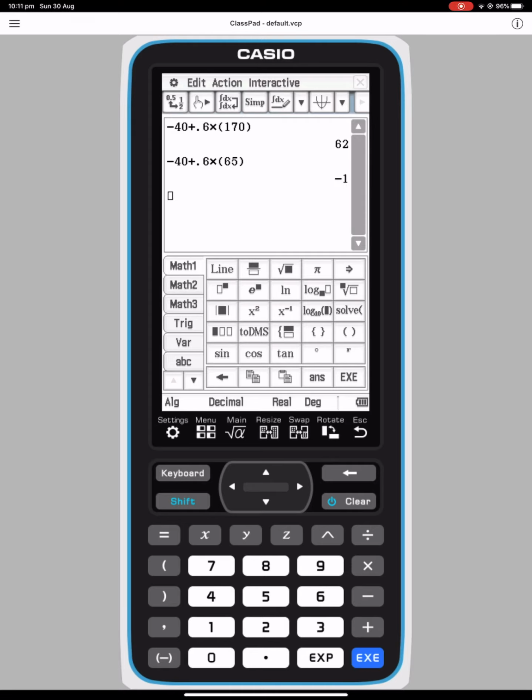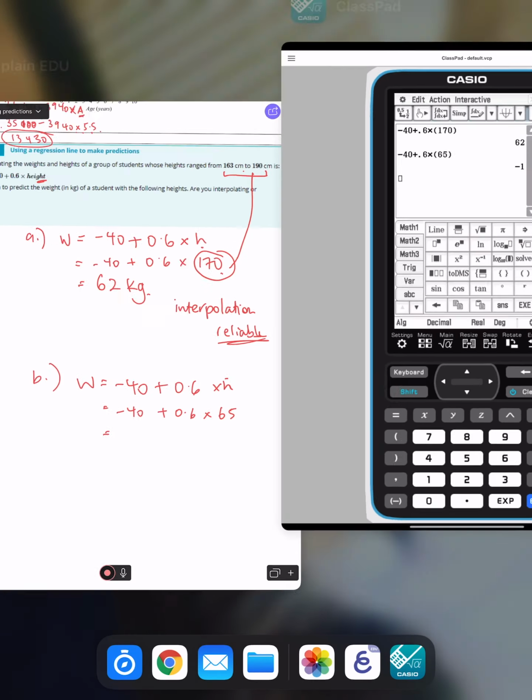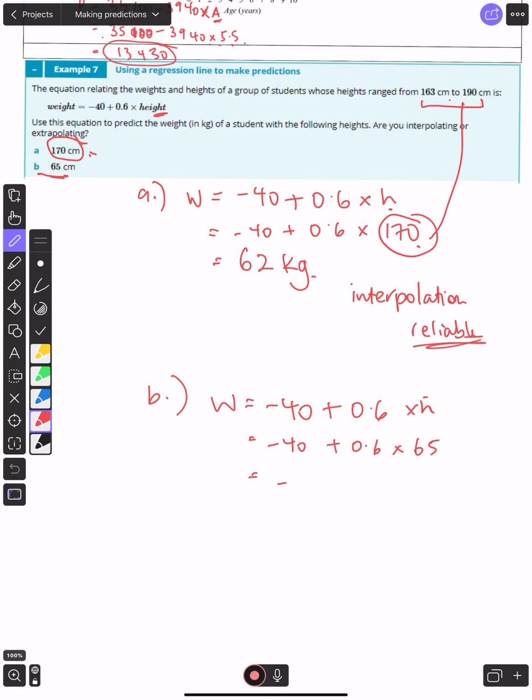65 minus 1 kilos. Is that even possible? I don't think so. So minus 1 kilos. If you are 65 centimeters, we don't have a student who is 65 centimeters within this data set, so this is clearly extrapolation.